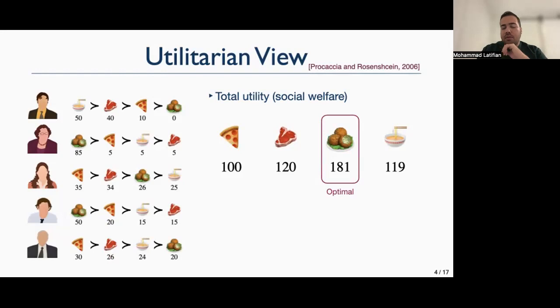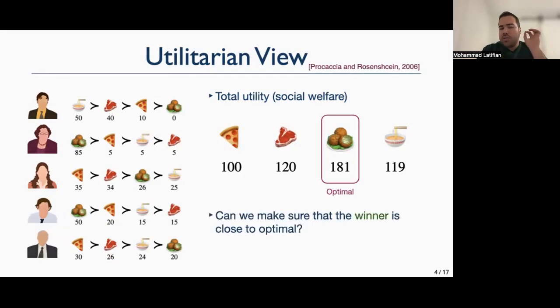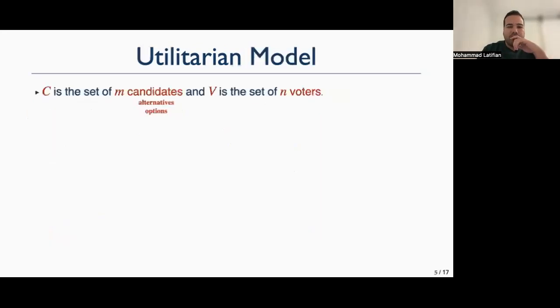However, even if we don't know the utilities, we want a voting rule that guarantees some level of optimality on its output. So we don't have the utilities, we only have the rankings, but we want a rule that outputs an option or a distribution that satisfies some level of optimality even in the worst case of the utilities.